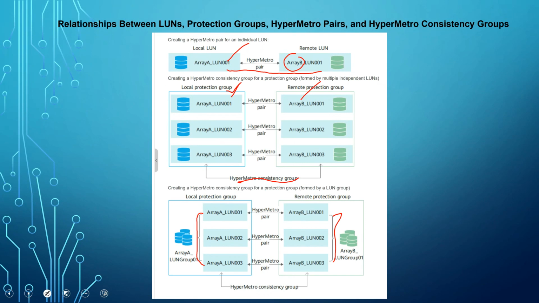You can use it as a single LUN, you can use it on the local protection group, or you can create a LUN group, and then you can do the consistency group as well. So these are different scenarios. It depends on the customer requirement and application scenarios.